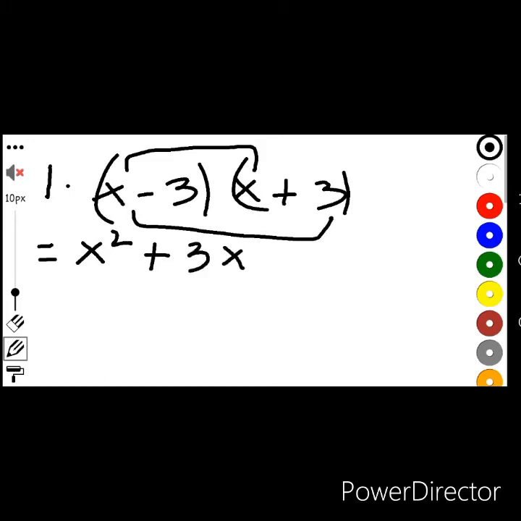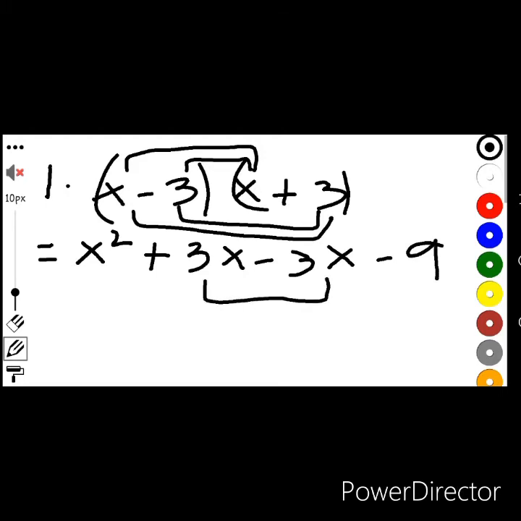The inner term, negative 3 times x equals negative 3x. And the last term, negative 3 times positive 3, which is equal to negative 9. So collect like terms. 3x minus 3x equals 0, and the final answer is x squared minus 9.